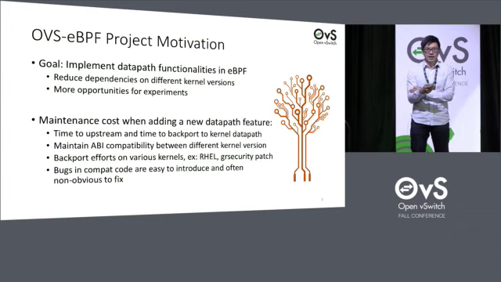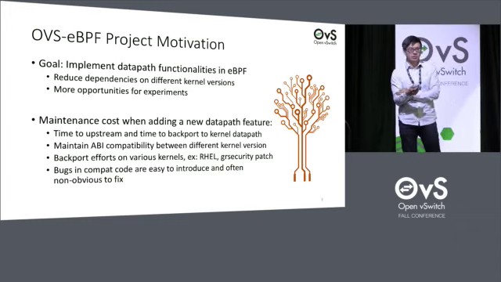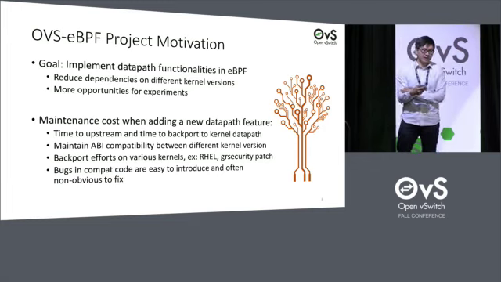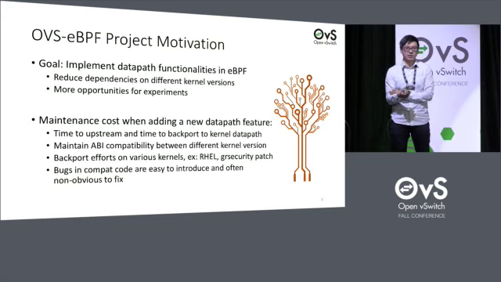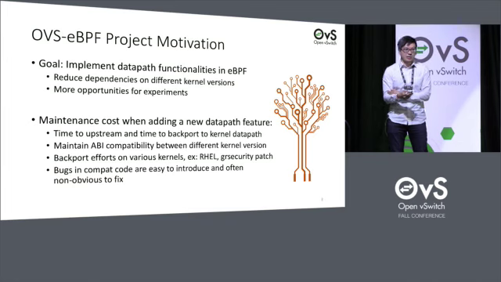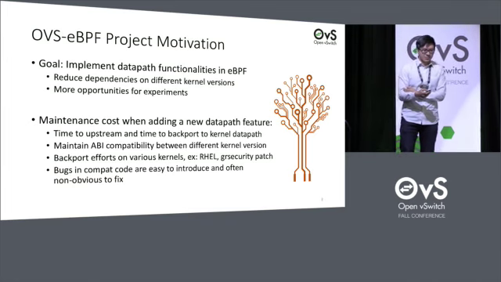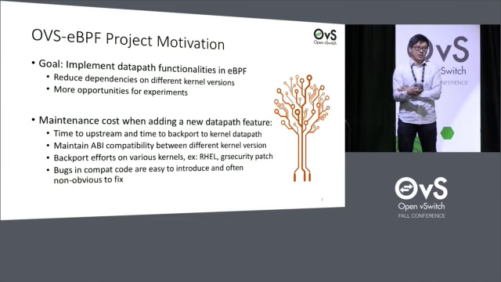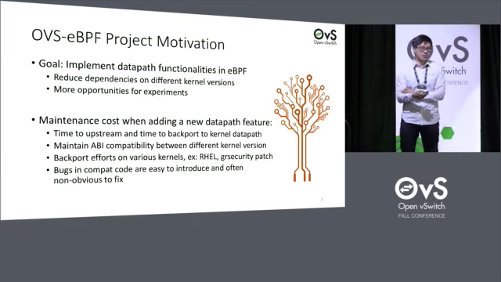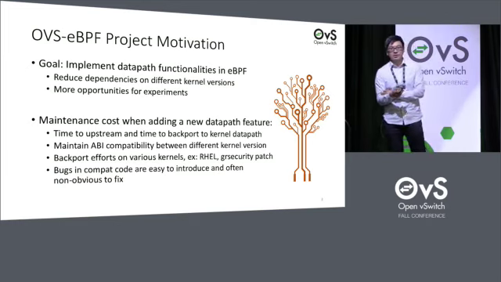And then we are going to backport the feature into the OVS compatibility code. In order for the OVS compatibility code to support different kernel versions, OVS developers generally spend a lot of time making sure the patch can run on different versions of kernels. And we usually found that it's easy to introduce bugs, and the bugs are not obvious to fix in the compatibility code. So that motivated us to work on this OVS eBPF project.